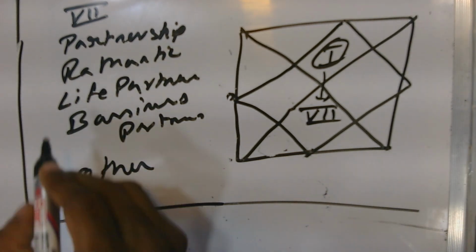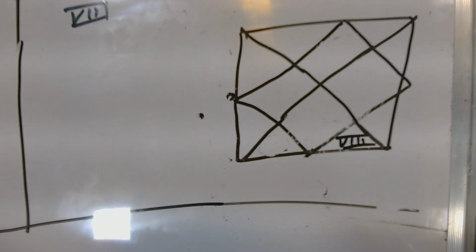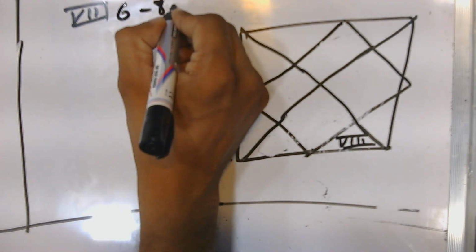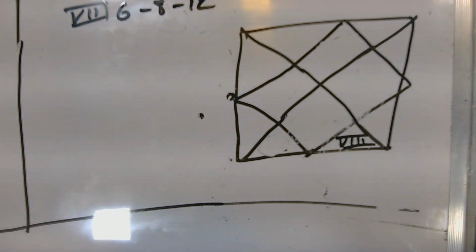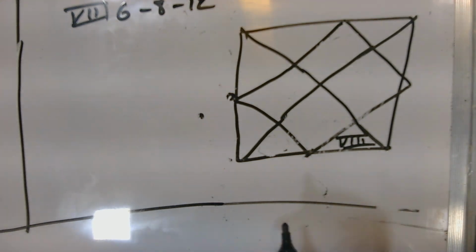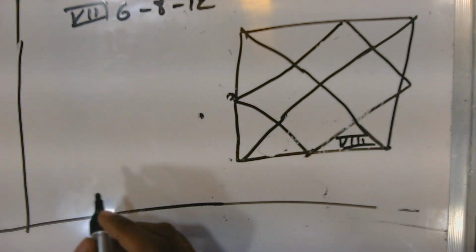Now we'll move into the eighth house. The eighth house, we already know, comes in the 6, 8, 12 category, not considered good. So we'll look at what are the things which are signified from the eighth house.